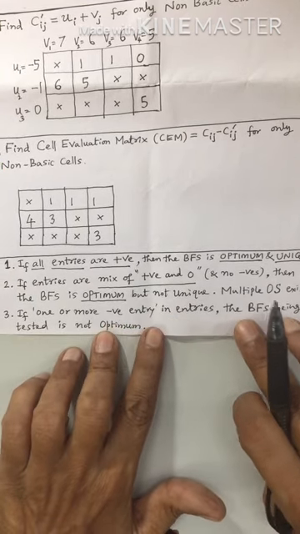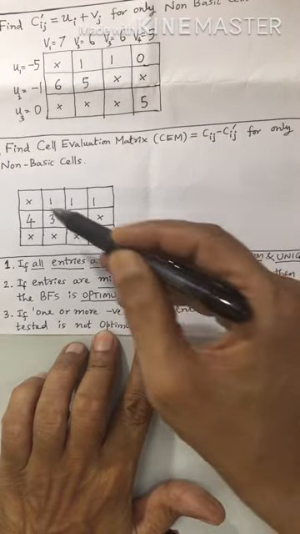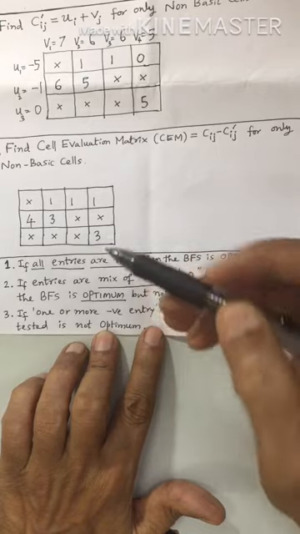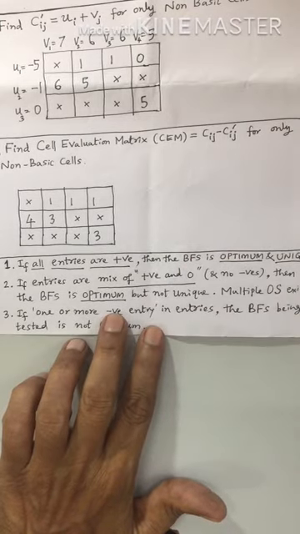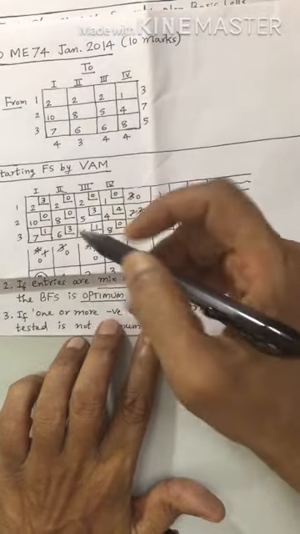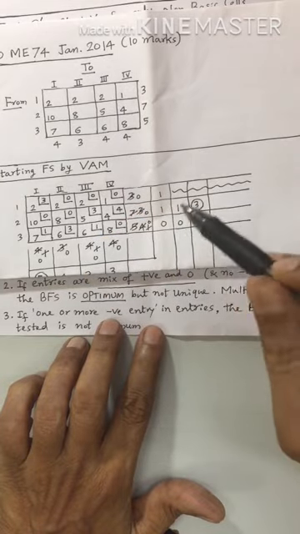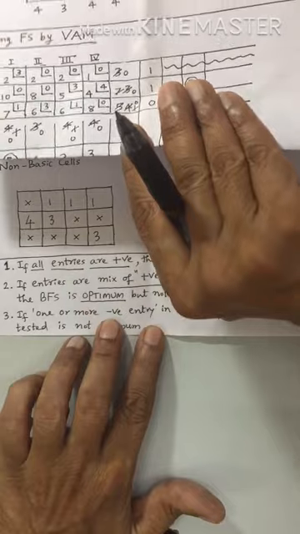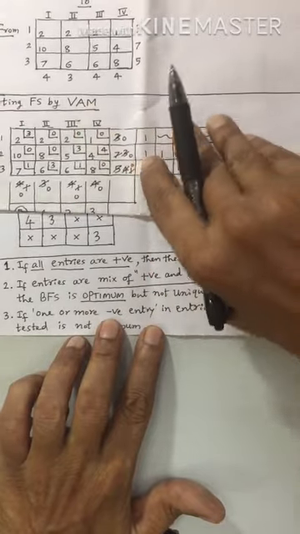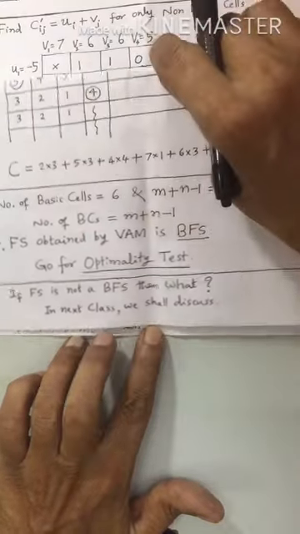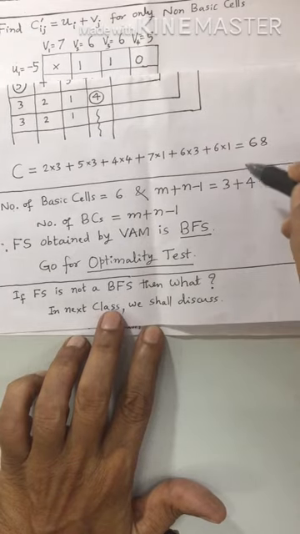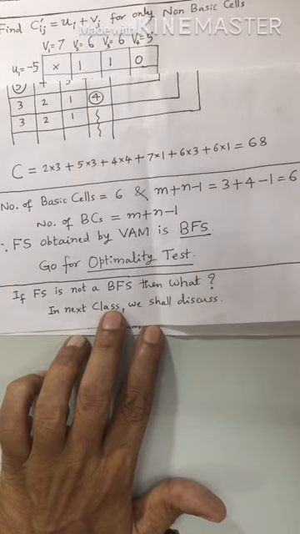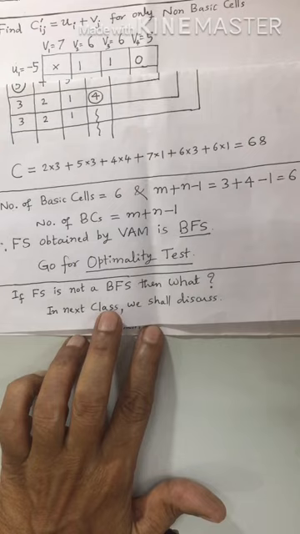Now for the present problem, all these are positive, and therefore this plan is optimum, and the optimum cost of this solution is 68 units.